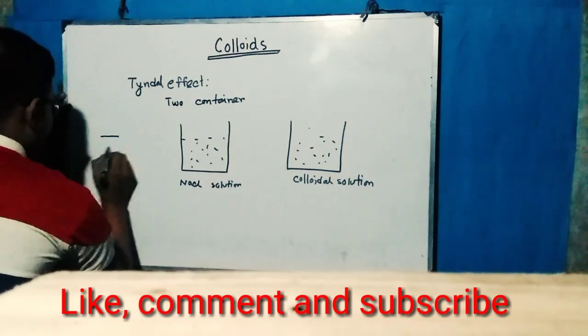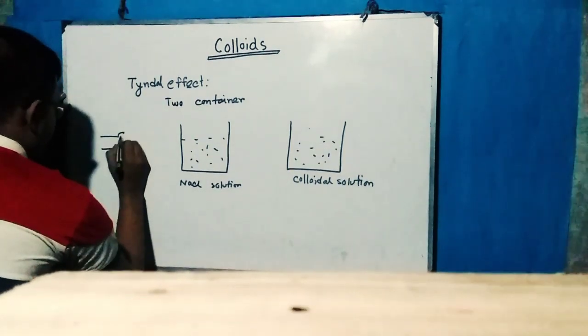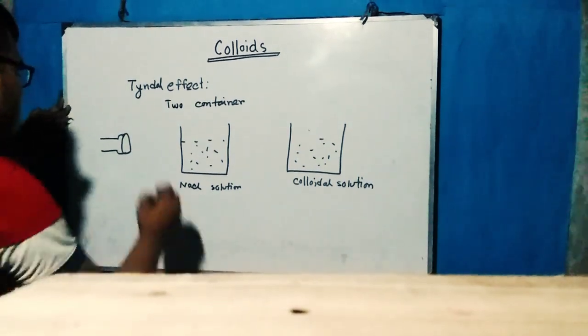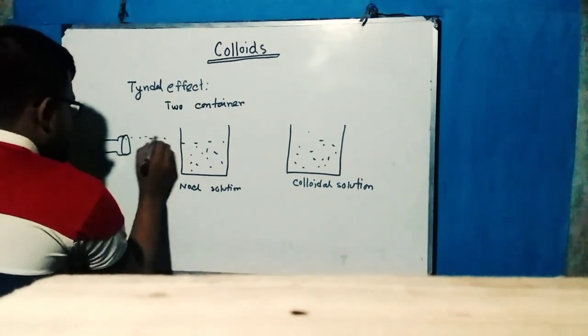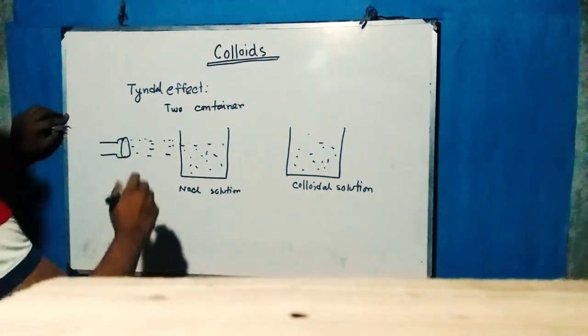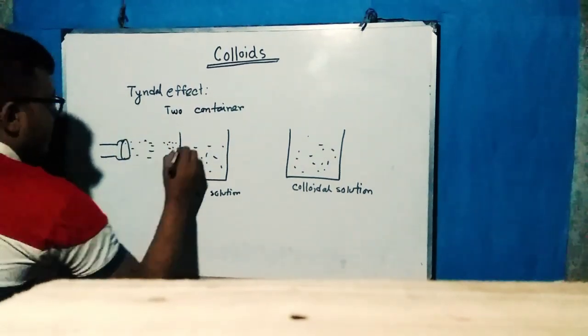We have taken a light source right here, and the light is emitting a visible ray; this is the path of the light.